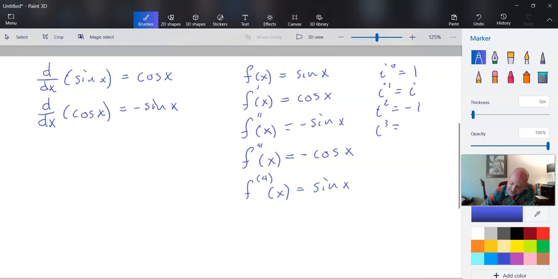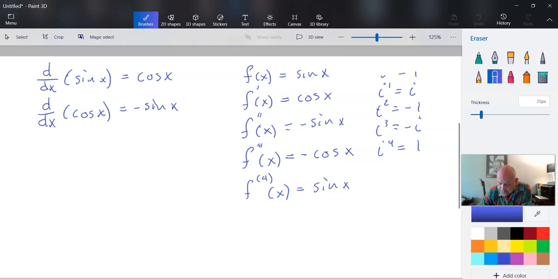I to the third is negative i, and i to the fourth brings you back around to 1. I to the fifth would be i again, right? And so there is actually a connection between these. We're not going to be using that connection, but it's something to think about. It's a good thing to wonder about. Like, what is the connection between those things?